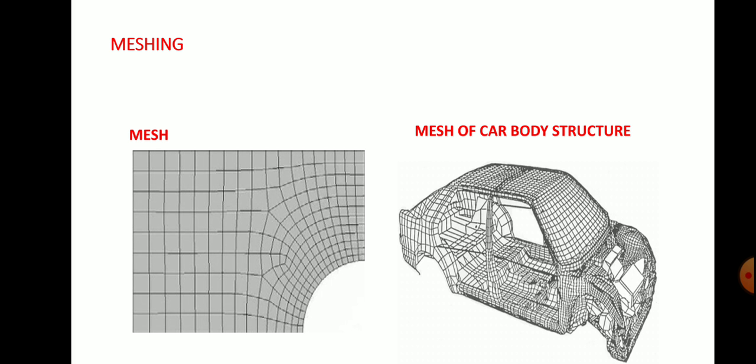So we convert this type of area of the object by dividing it into small parts to convert a complex problem into an easier form. And the total assembly of any object, for example, shows the mesh of a car body as a structure.